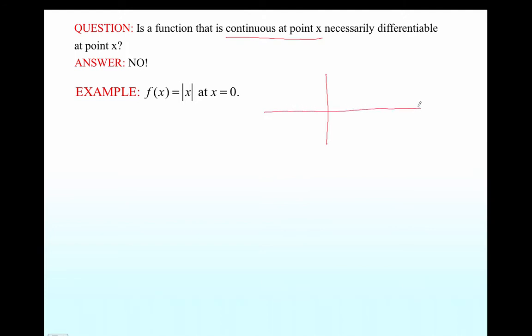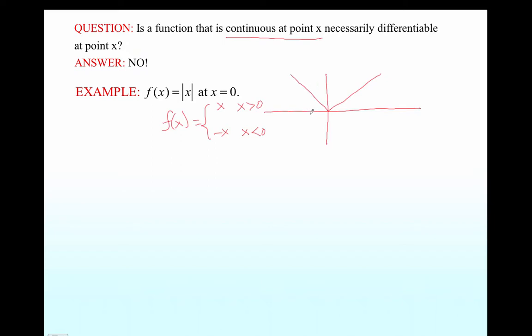Here is the plot of the function. Remember that f of x is x if x is positive. It's minus x if x is negative, which means that it's a straight line going up like this to the right and a straight line going up like this to the left.